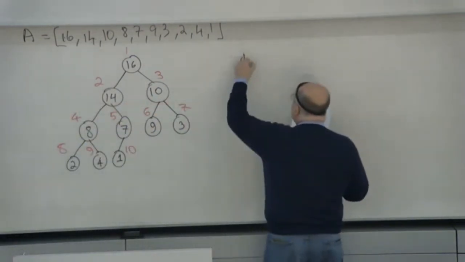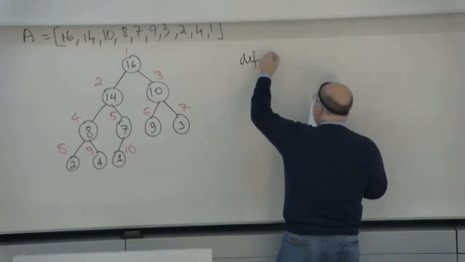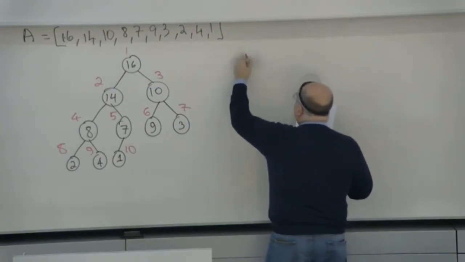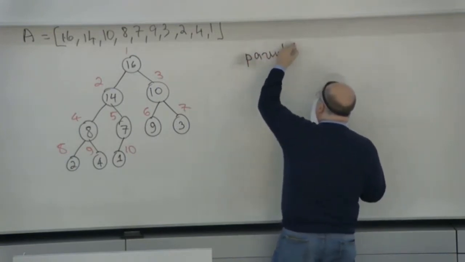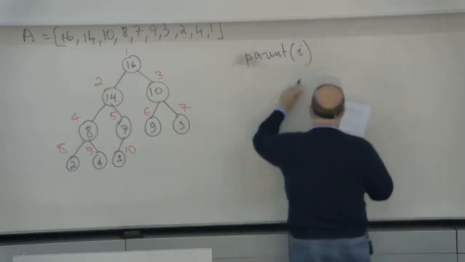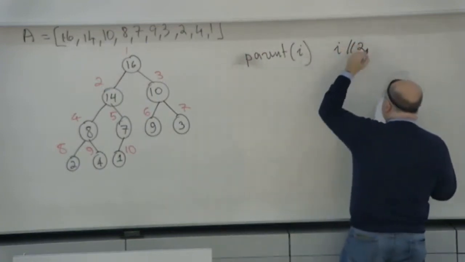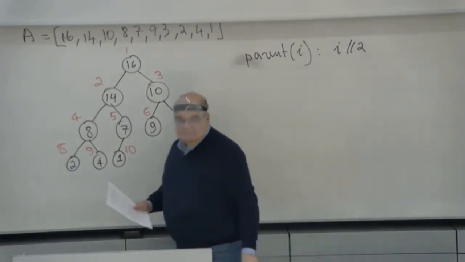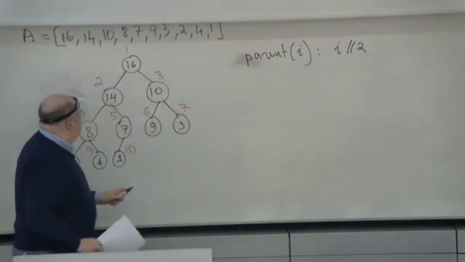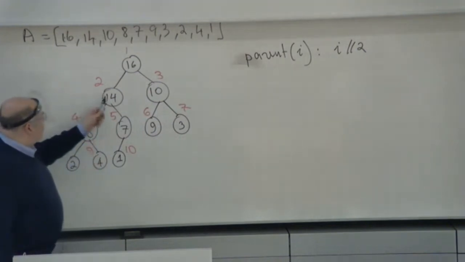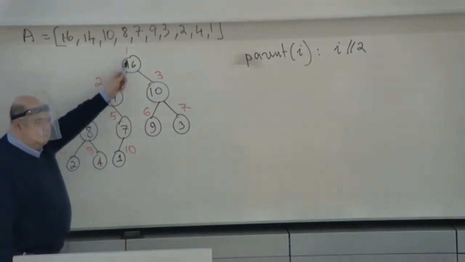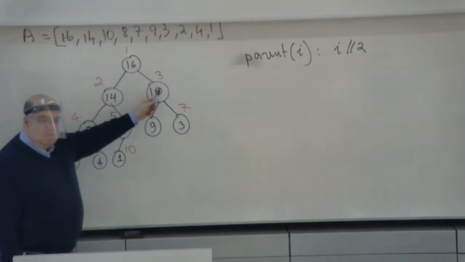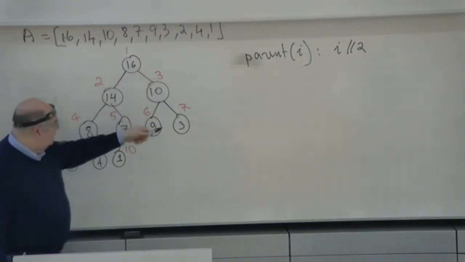So the formulas are: the parent of node i is simply i divided by 2. Of course, this is an integer division. So the parent of 2 is 2 divided by 2, which is 1. The parent of 3 is 1, because 3 divided by 2, using integer division, gives 1.